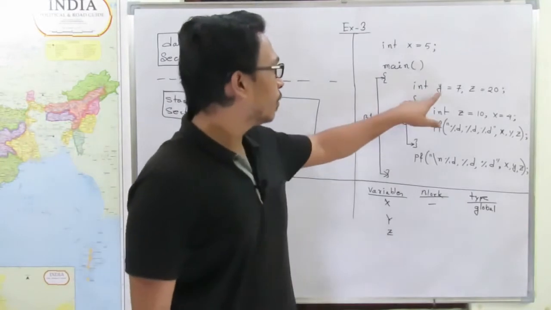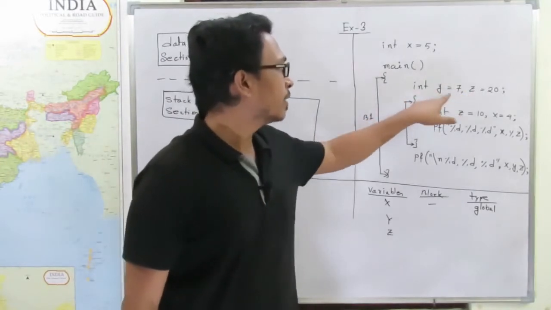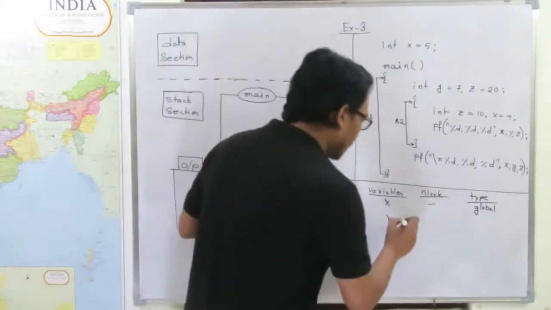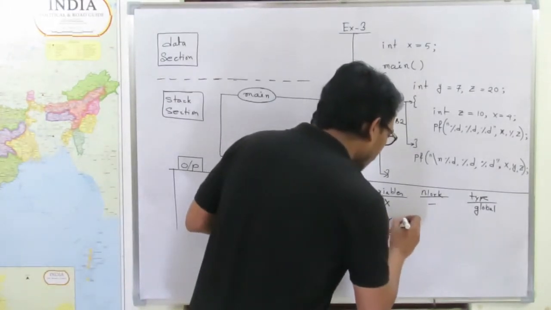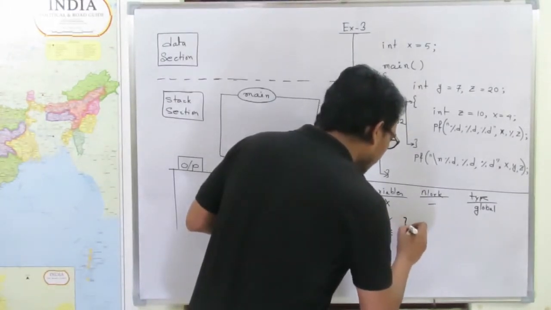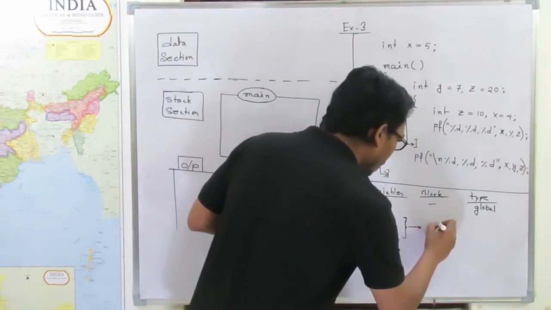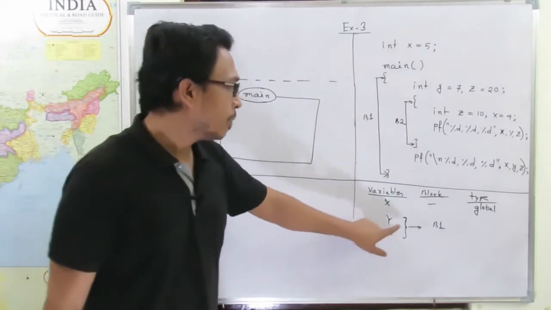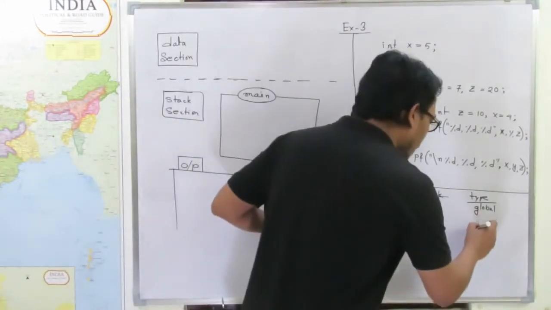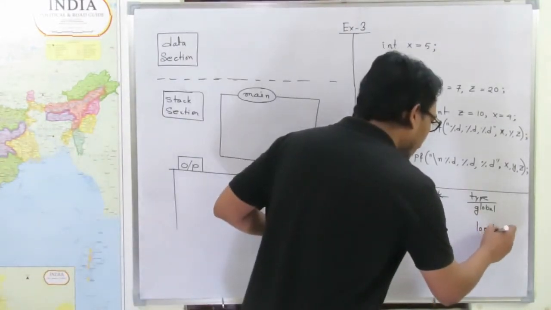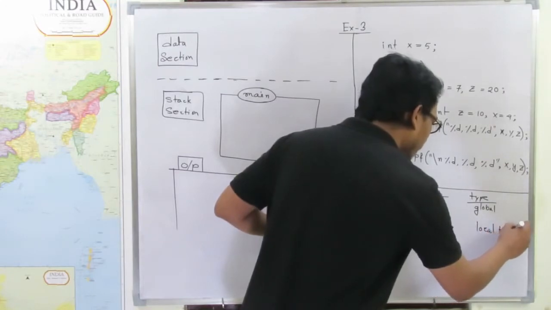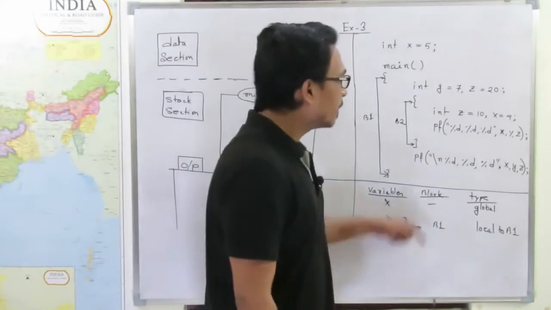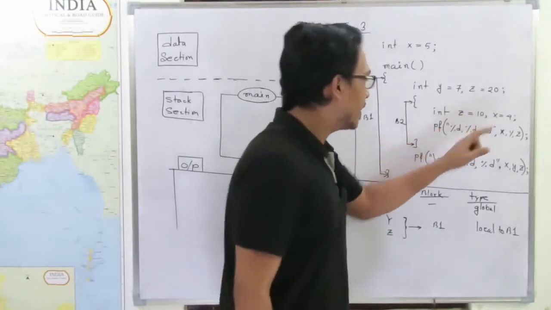Now both y and z are declared inside block b1. That means with respect to block b1, both of these variables are local variables, local to b1 block. Clear?